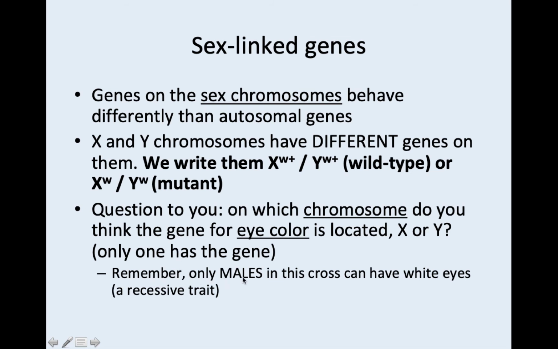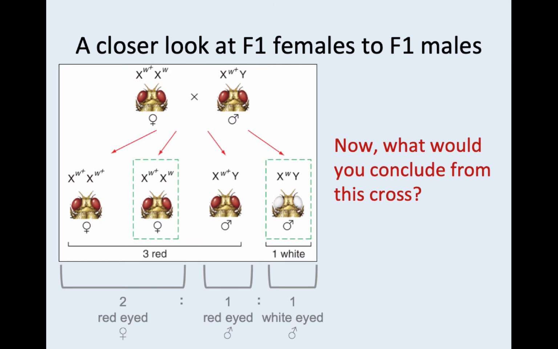So remember, only males in this cross can have white eyes, and the white eye is a recessive trait. Remember, we're following the F1 generation. This is the gene on the X chromosome, and this is where it's found. And the reason why we're only seeing males with white eyes in this case is because here, when you get this cross, this female ends up with one version of the wild type, which is dominant, and one of the mutant.